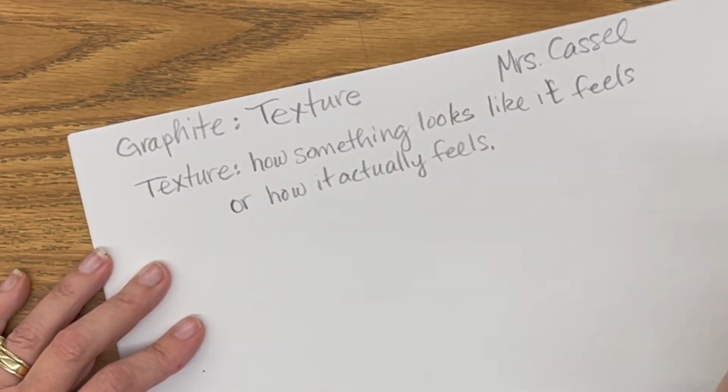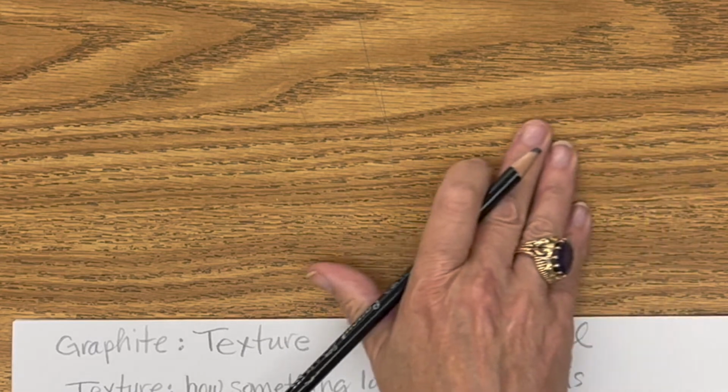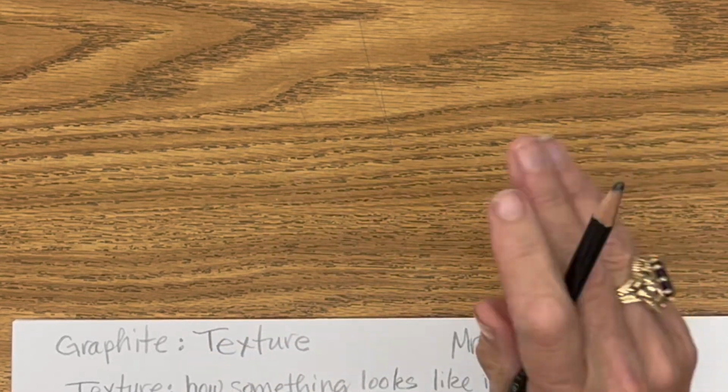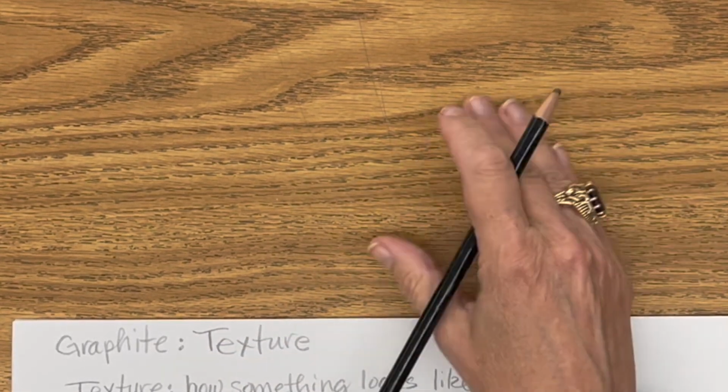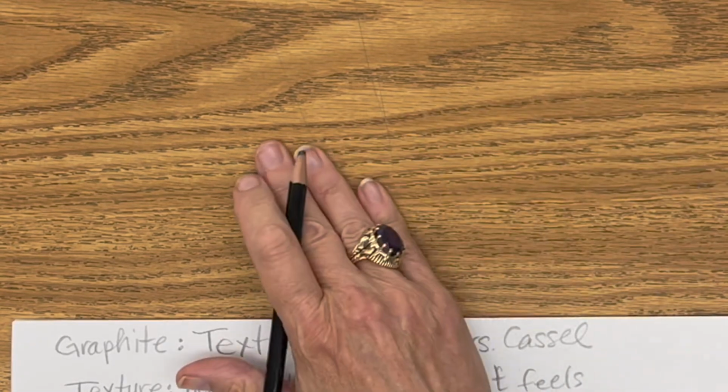For example, the table looks like wood texture, wood grain. It doesn't feel like real wood, but it's made to look like a wooden table.